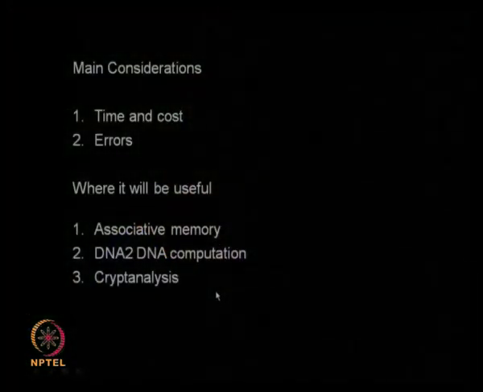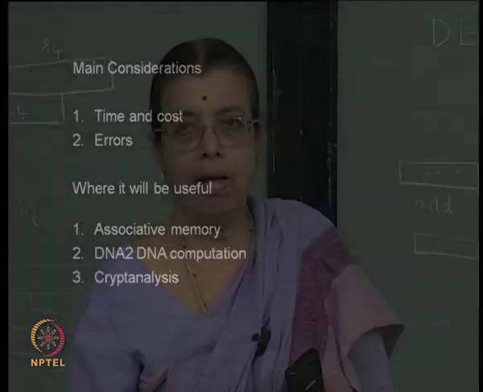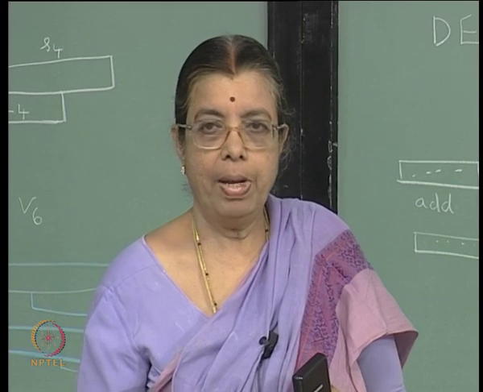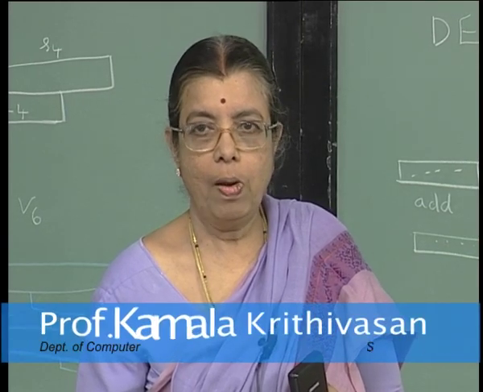So, even though it may not work out well for all problems, particular problems like this or particular applications like this may find DNA computing a very useful tool. Time only has to tell us whether such a thing will happen and how far it will become useful.